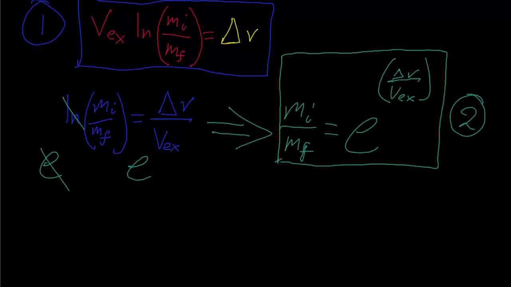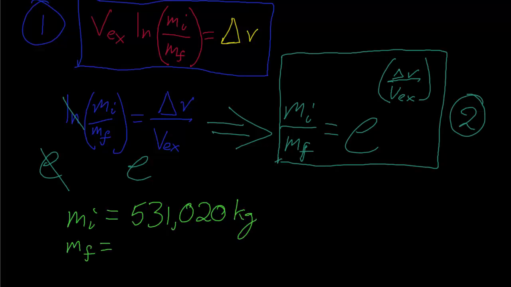So the SpaceX Falcon 9 rocket, in the first stage of its ascent, has an initial mass equal to 531,020 kilograms, and the final mass of this rocket after the propellant has burned is equal to 135,320 kilograms.